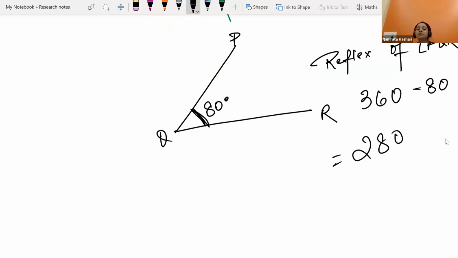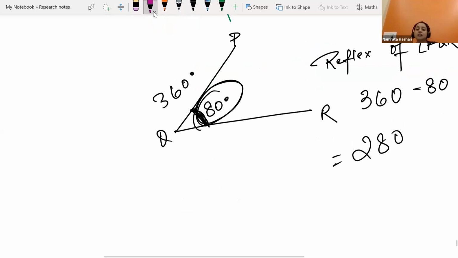Please see, if you want the reflex of this angle, you have to subtract this angle from 360 degrees. Then you will get the reflex angle. And what is the meaning of reflex angle? Reflex angle means you want to find this angle. Total is 360, and you just want this purple color angle.